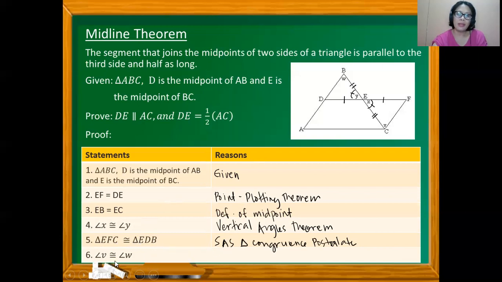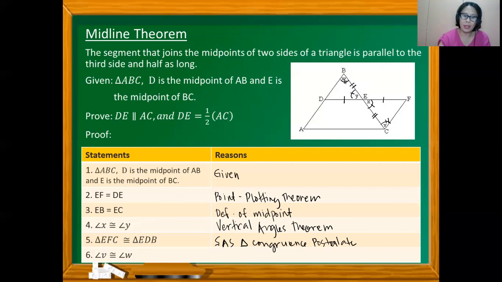Now, angle V is congruent to angle W. So this is congruent to this one. Since angle W corresponds to V and they belong to the two congruent triangles, then we can say that the two angles are congruent.